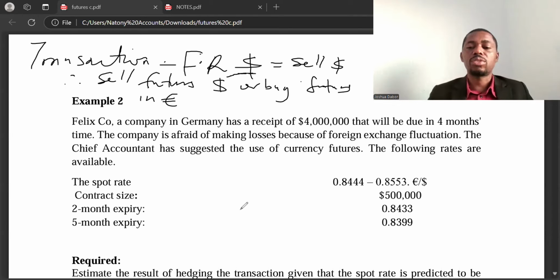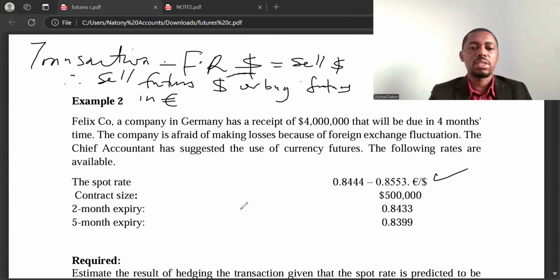But now in this question, should the company buy or should the company sell? At this junction, you will not be able to say whether the company should buy or sell. But you want to look at the contract currency. It is the contract currency that will determine whether the company will eventually buy or sell futures. So let's look at the contract currency.